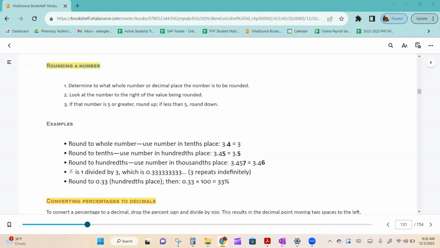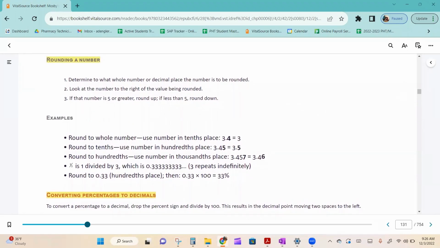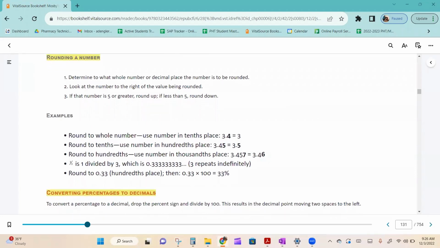Okay, so rounding a number. First, we're going to determine to what whole number or decimal place the number is to be rounded. So in the assignments, if they want you to round to a certain decimal place, they will tell you. Look at the number to the right of the value being rounded. If that number is 5 or greater, round up, or if it's less than 5, round down.